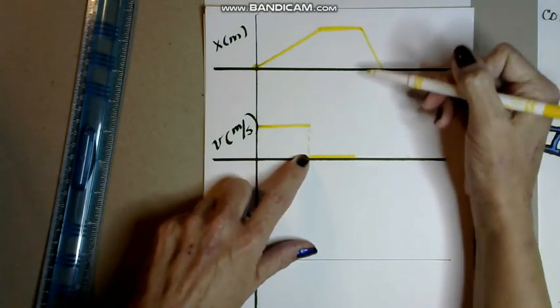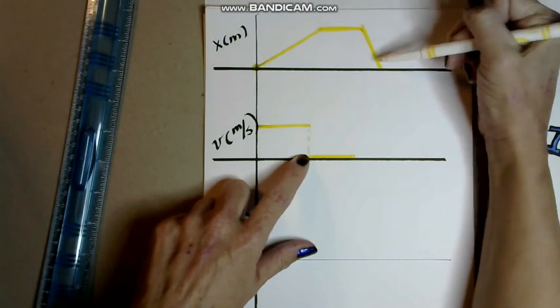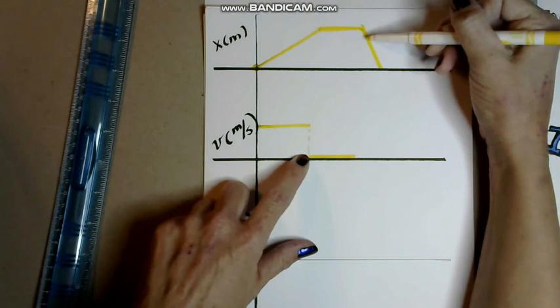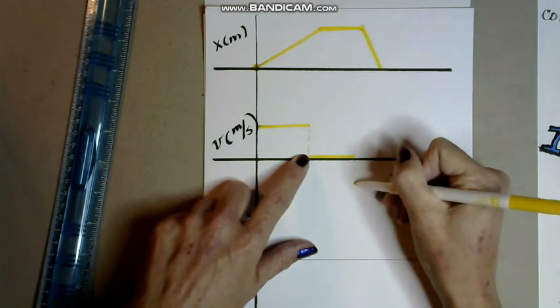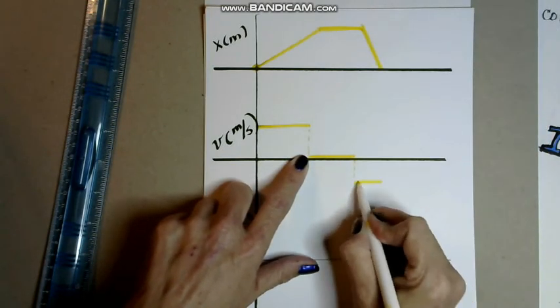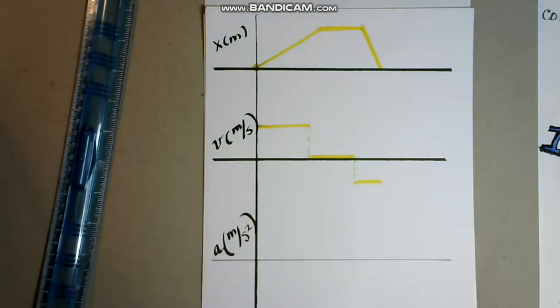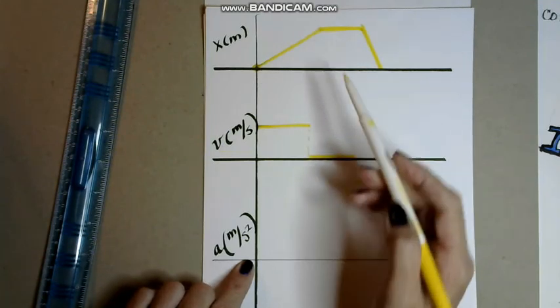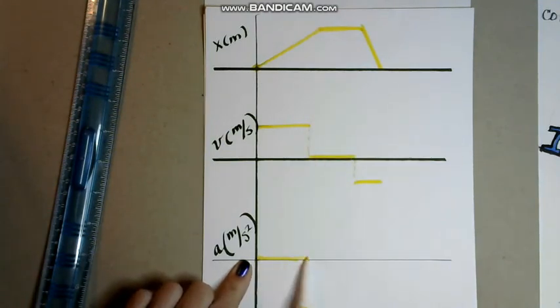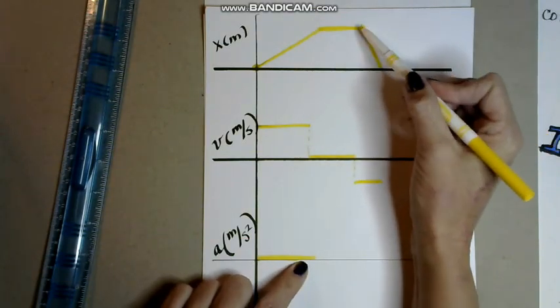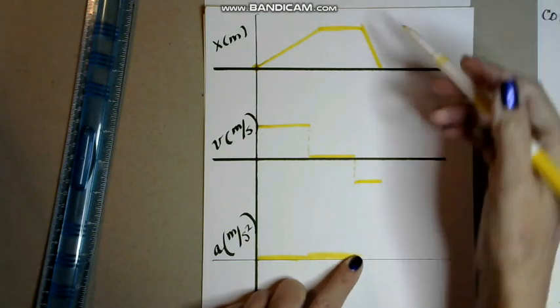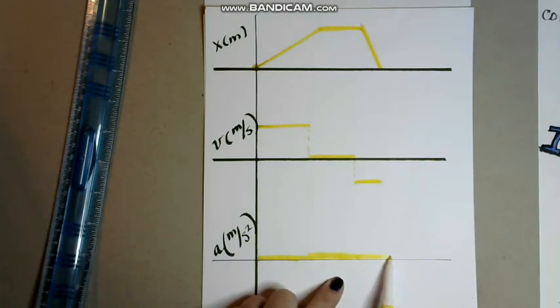Now, what is happening here? What is the slope of this line right here? Stopping video. It's negative. So have a look. Your velocity right there is actually negative. My acceleration from here to here, if I'm moving constant velocity, it's actually 0. If I'm still, it's also 0. And if I'm moving at a constant velocity, again, it's 0.